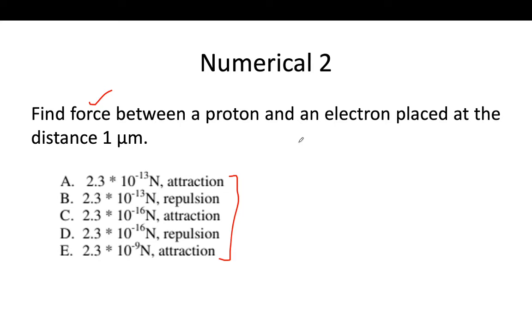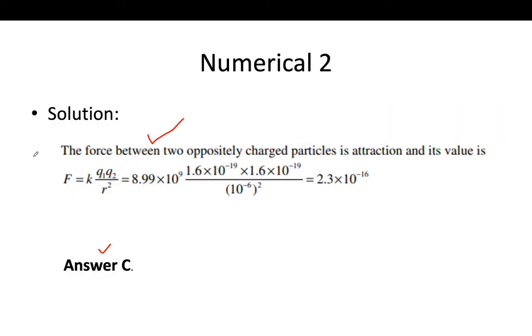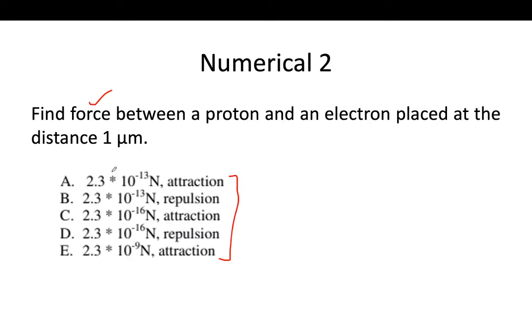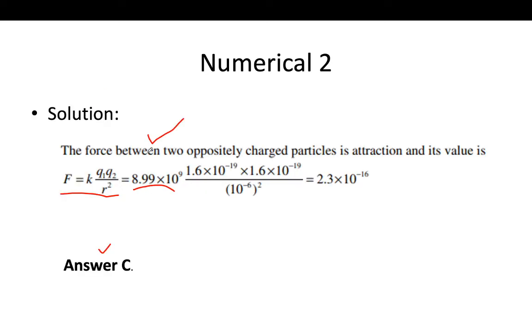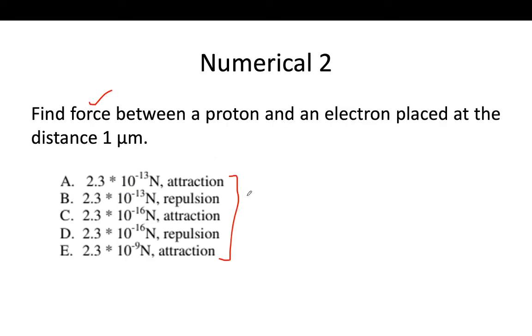So let's start solving this. We have to find the Coulomb's law force, and this is the formula for that. What is the value of the constant? 8.99 into 10^9. And what is the value of Q1 and Q2? Here it is given that the proton and electron are placed at this distance, so the distance is already given.